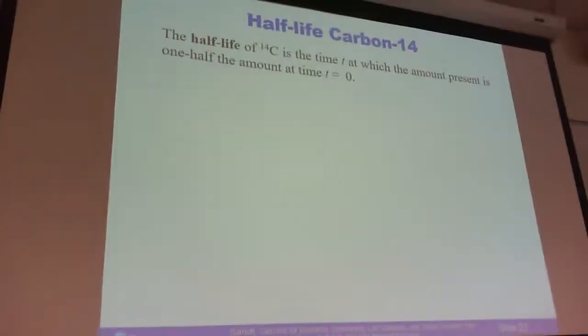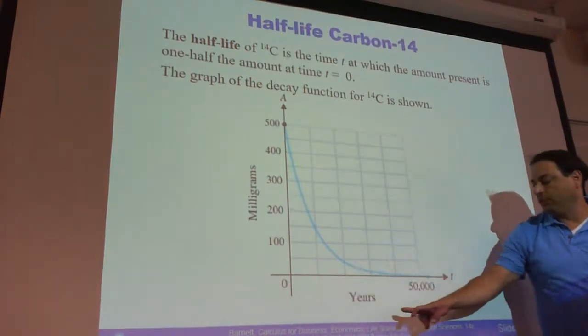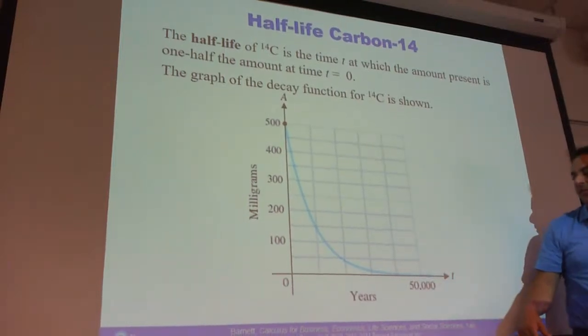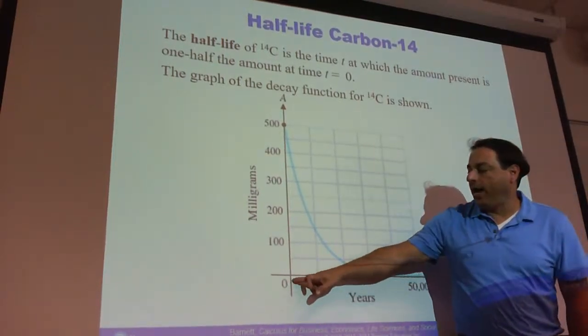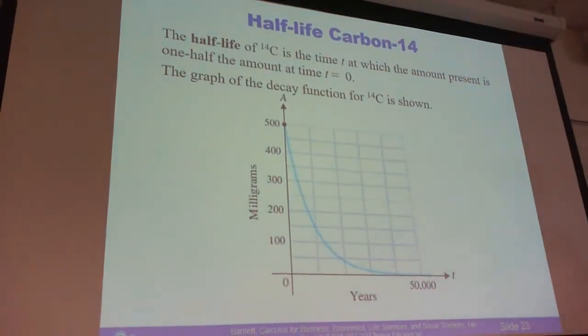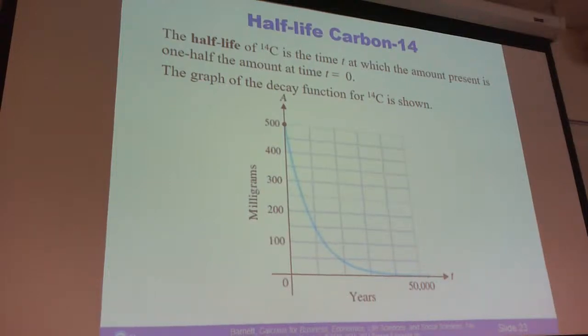And if I wanted to find the half-life, let's first graph it. So I want you to graph it, and your window is going to be 0 to 50,000 for x, counting by 10,000s. Your y is 0 to 500. So just get the graph first.